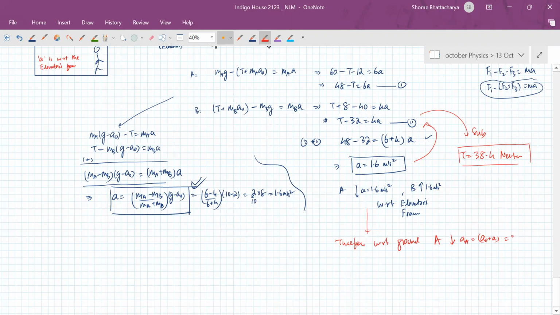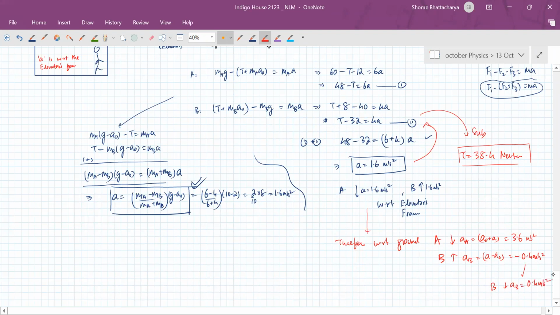So it has a net acceleration of 3.6 meters per second square downwards. Whereas B has an upward acceleration of A minus A naught. That will actually come out to be a negative acceleration. So that means B is actually coming down with an acceleration of 0.4 meters per second square.